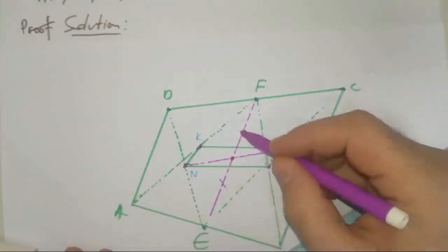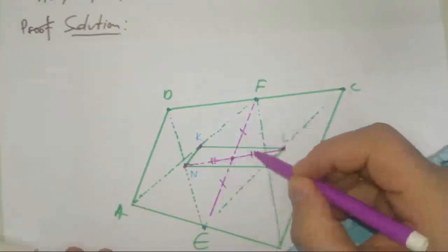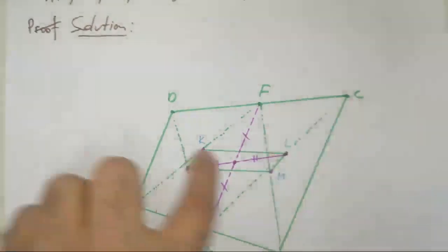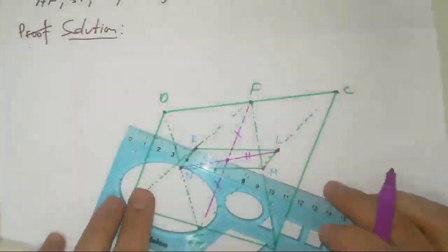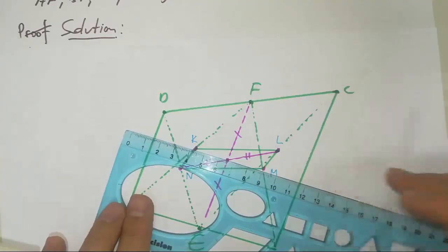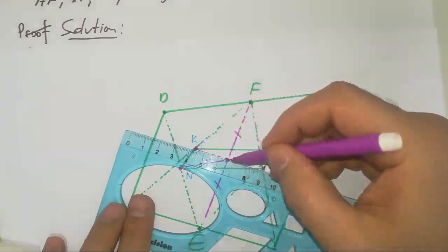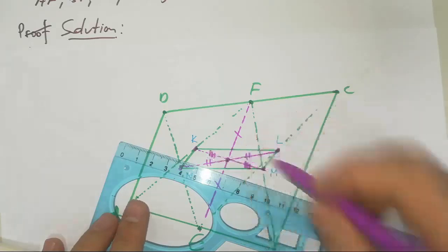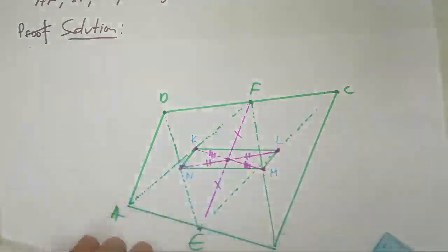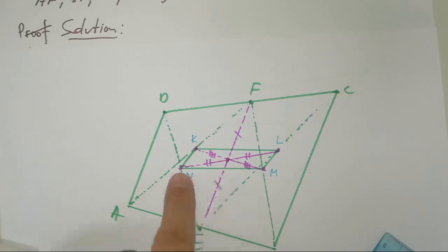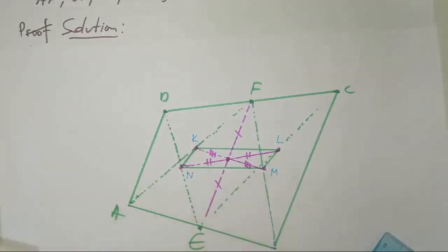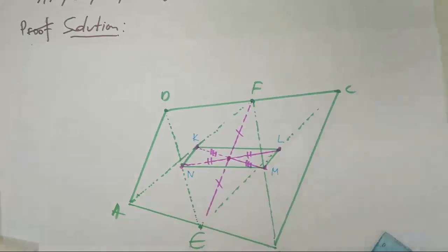This side is equal to this side, and this side is equal to this side. EF bisects KM, so it must pass through this midpoint. It means that this side is equal to this side. And we showed that these two lines, LN and KM, bisect each other. That means that KLMN is a parallelogram.